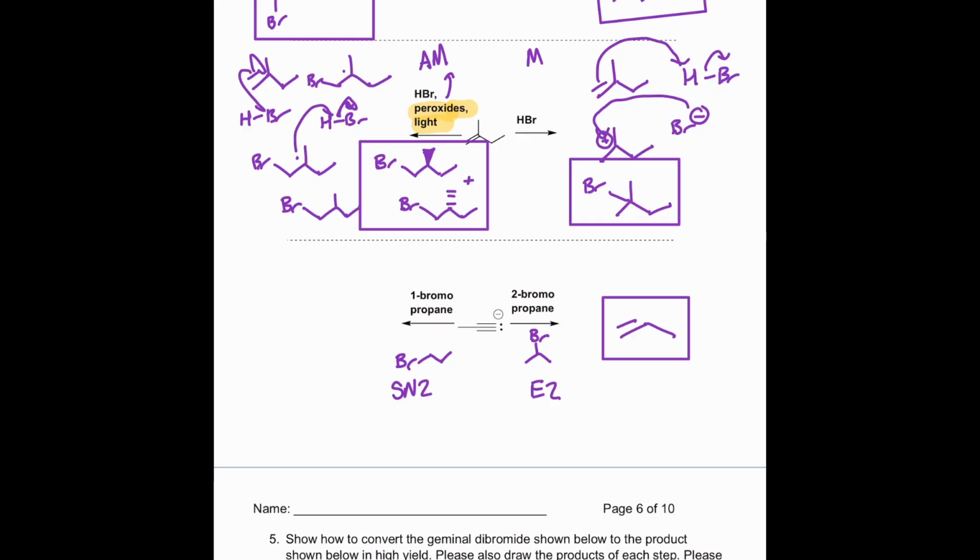And then for our one on the right, we are going to have an SN2 reaction. So the leaving group's going to leave, and then, okay, let me count it out.